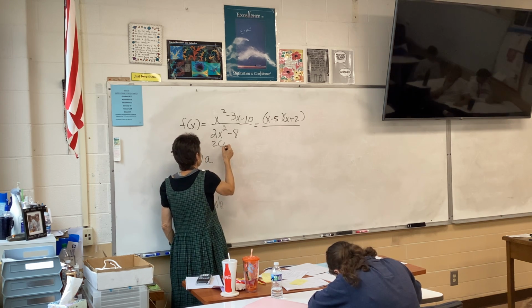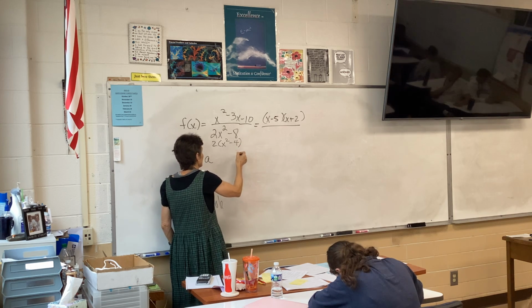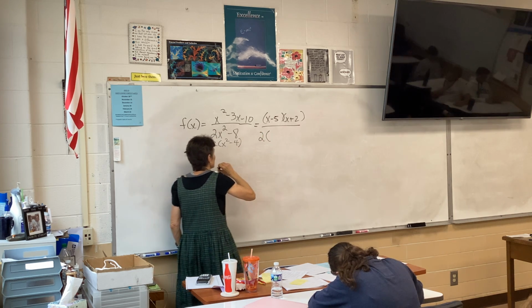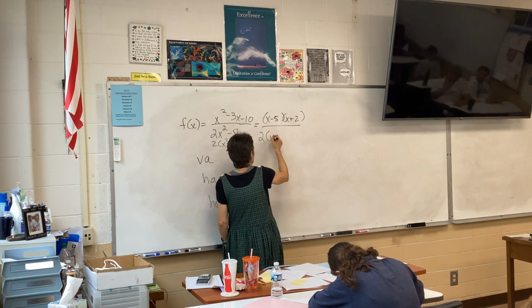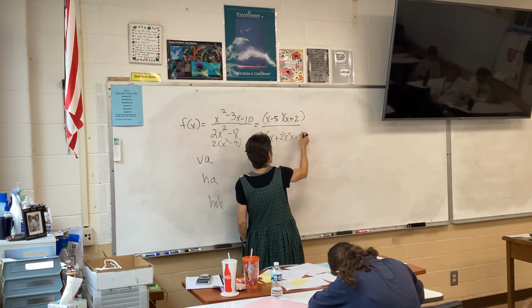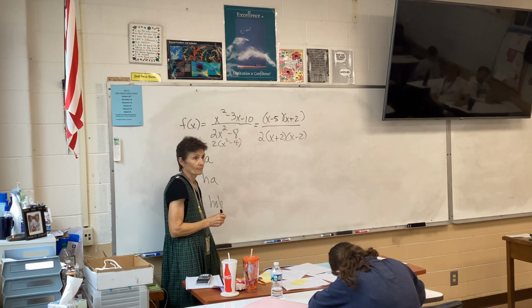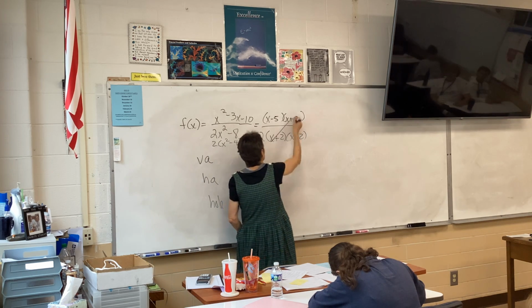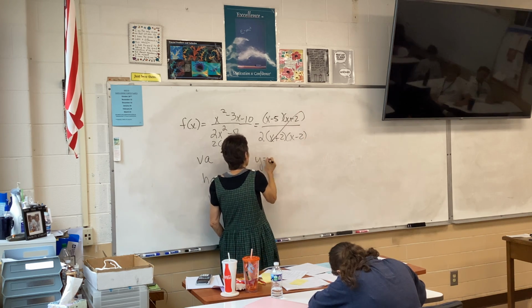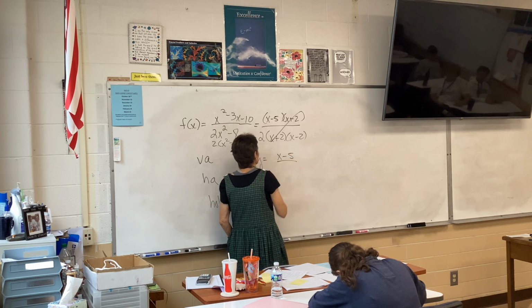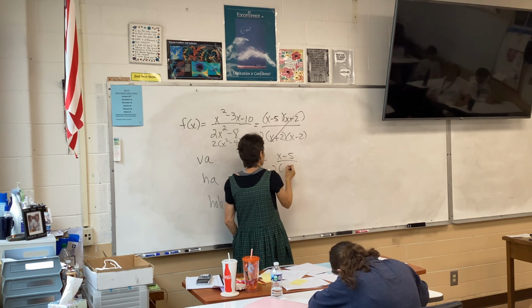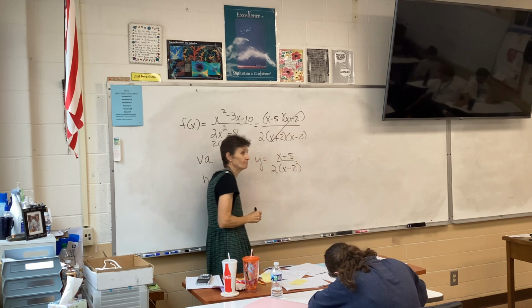Take out the 2, and keep the 2, and then x plus 2, x minus 2. Oh my gosh, it cancels. So we are left with x minus 5 on the top and 2x minus 2 on the bottom, right?